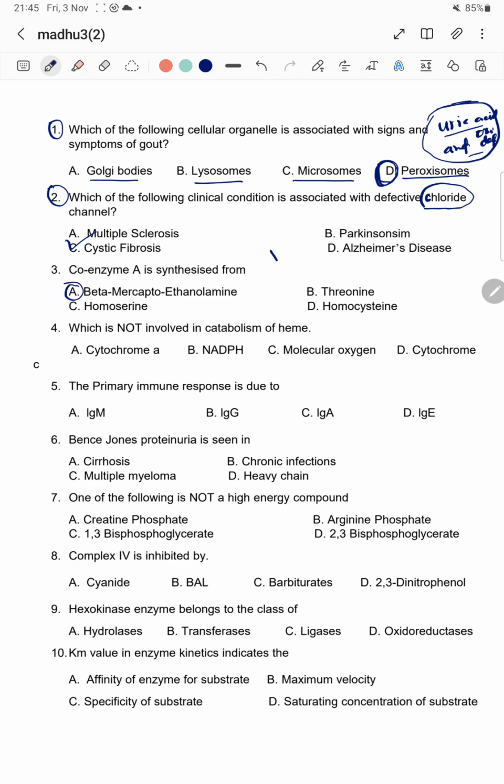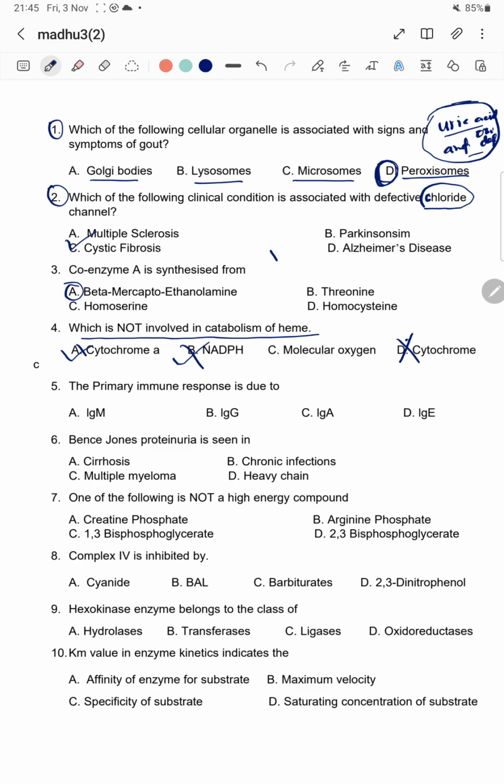The fourth one: which is not involved in catabolism of heme? Cytochrome A is involved, because it supplies heme to the catabolism of heme, and NADPH is also required, so incorrect. NADPH is an energy source for catabolism of heme, and this cytochrome is also required, so incorrect.